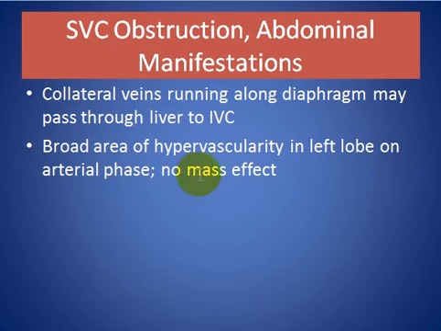Superior vena cava obstruction: we have collateral veins running along the diaphragm that may pass through the liver to the IVC. There is a broad area of hypervascularity in the left lobe of the liver in the arterial phase, with no mass effect.